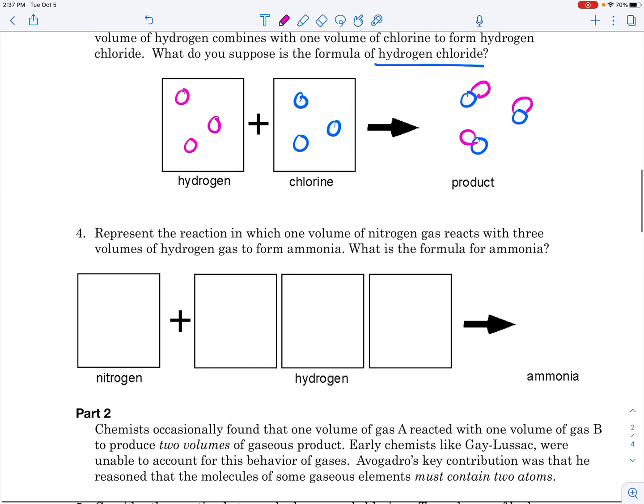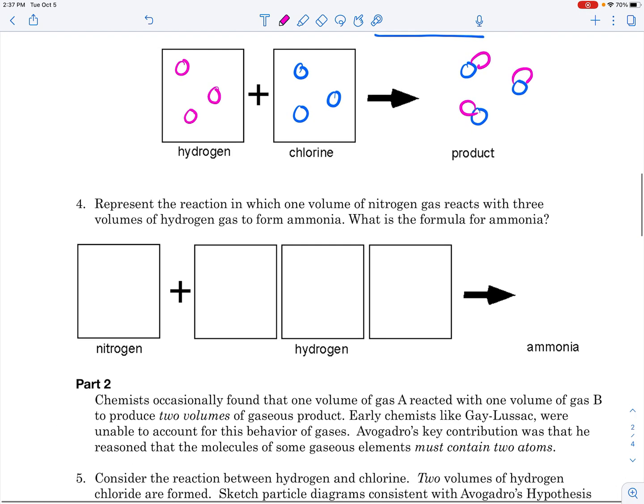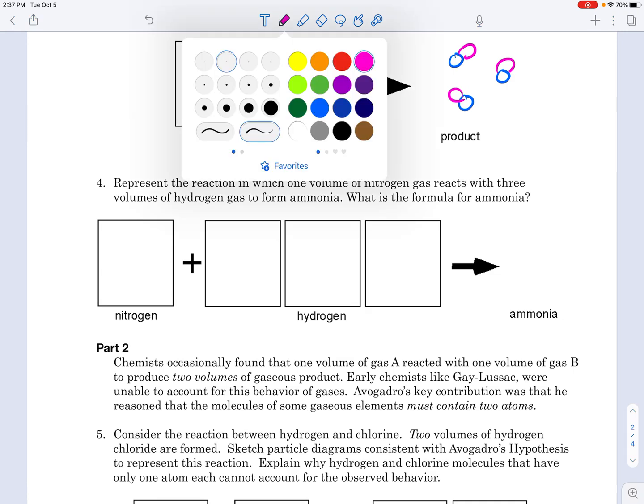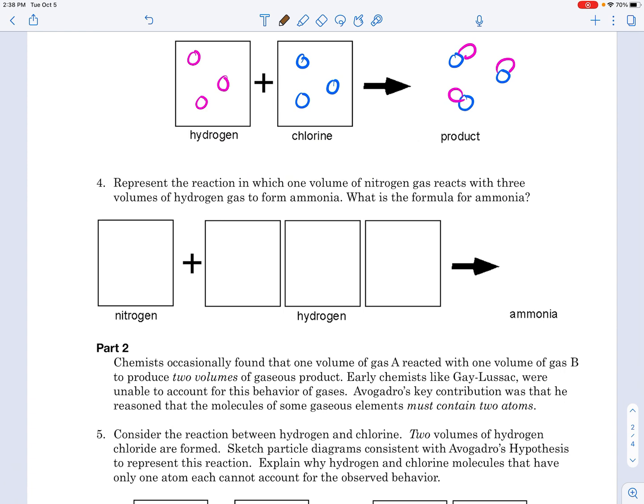Now we've got one that's a little bit more complex. We've got nitrogen and hydrogen combining. We've got 1 volume of nitrogen and 3 volumes of hydrogen. So nitrogen I'm going to make brown. Hydrogen I'm going to keep it pink.